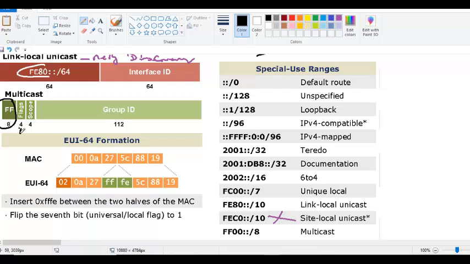Scope will be 2. 2 means a router, means between the routers to communicate, you need OSPF. Between the routers to distribute the routes, you need OSPF. So scope will be 2, FF02::5 is OSPF.